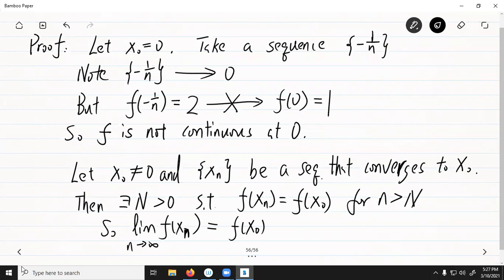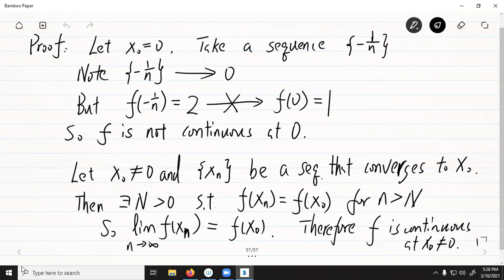The limit means n is large enough, it's always f of x naught, so the limit is also f of x naught. Therefore, this f is continuous at x naught, which is not equal to 0. Okay, so we finish the proof.